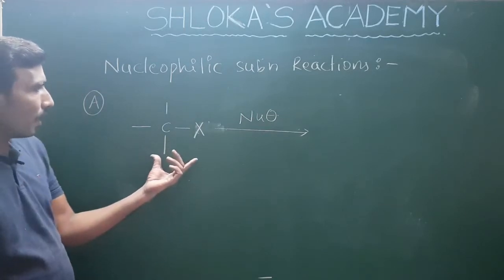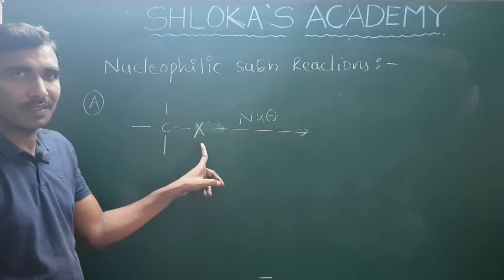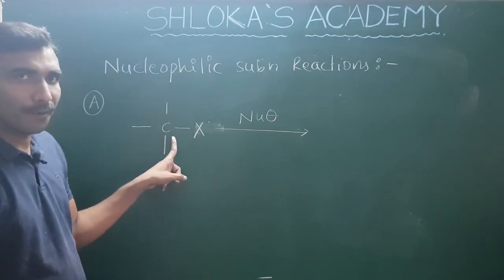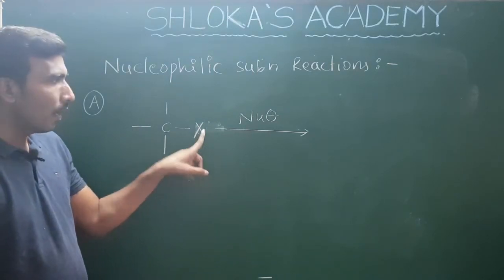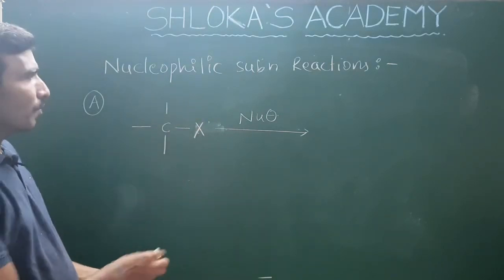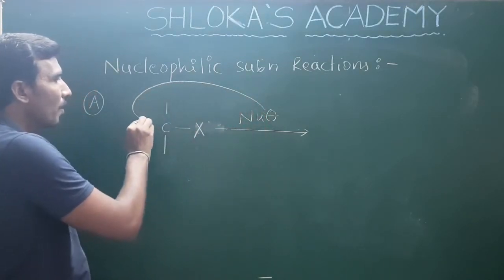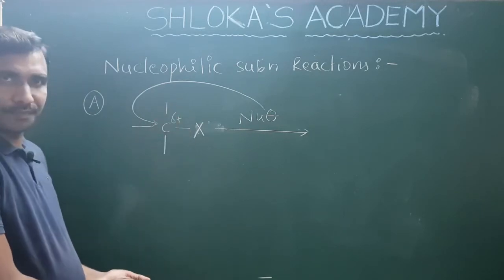In this alkyl halide, we know that the bond present between carbon and halogen is a polar bond. Polar bond means carbon gets a partial positive charge and halogen gets a partial negative charge. And in this type of mechanism, the nucleophile will approach the partially positively charged carbon atom.